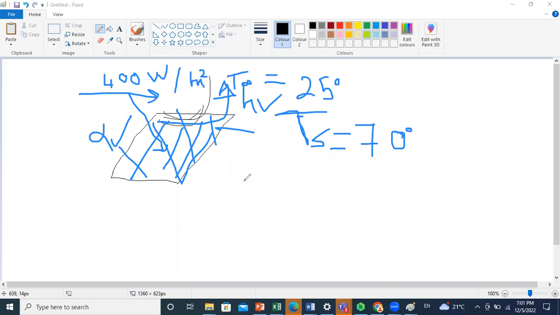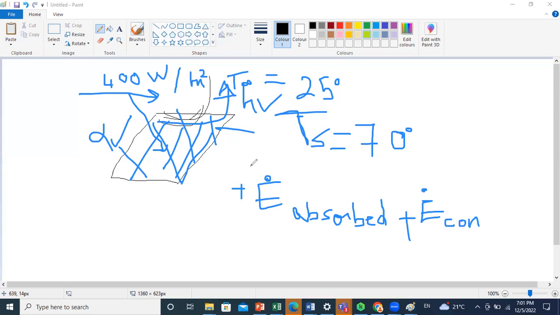So when you want to write the total energy transmitted through the solar system, you should say I have plus E dot absorbed, because the absorbed energy will be gained by the system. But before it's transmitted to water, one part will be lost by the system by convection. So you can write plus E dot convection, but E dot convection is negative because it's lost by the system.